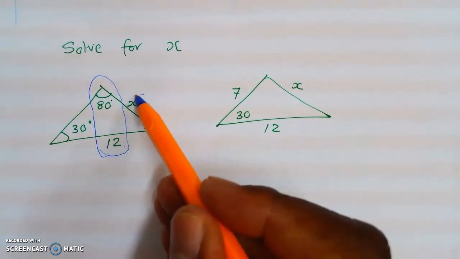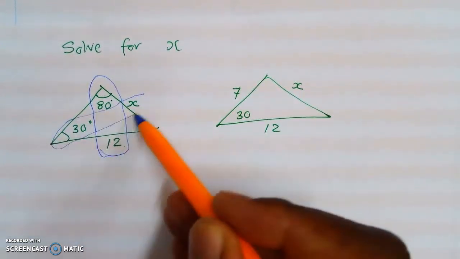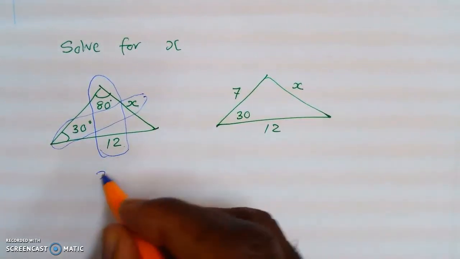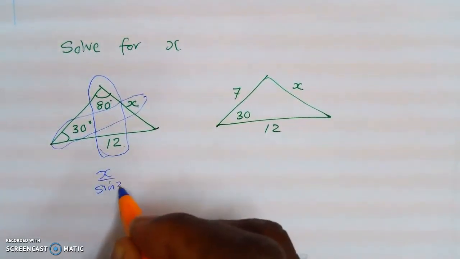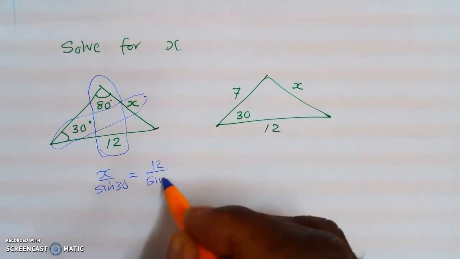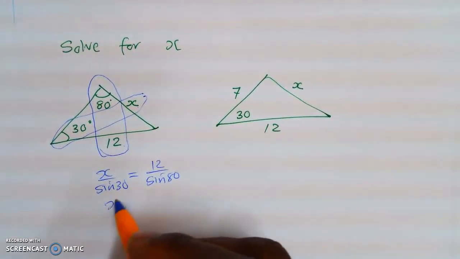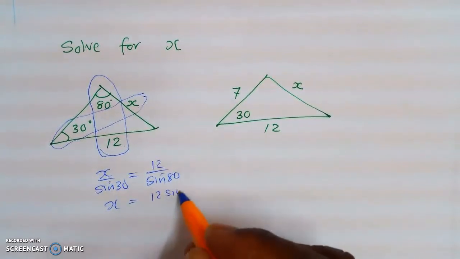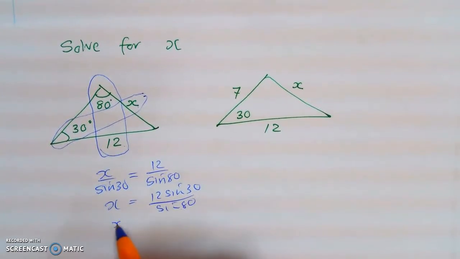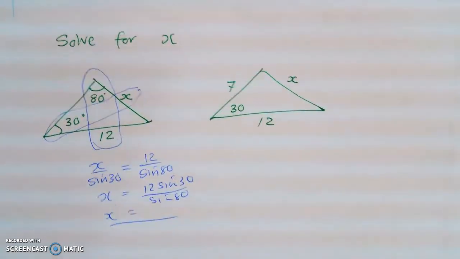Now we need to find x, and we have the angle that's facing x. So we say x over sine 30 is equal to 12 over sine 80. And then x will be 12 times sine 30 divided by sine 80, which you can find with your calculator.